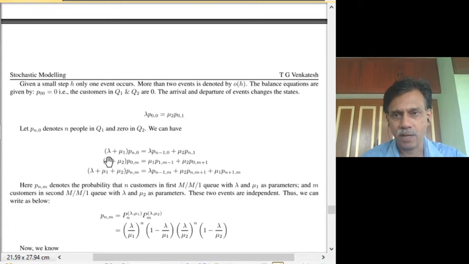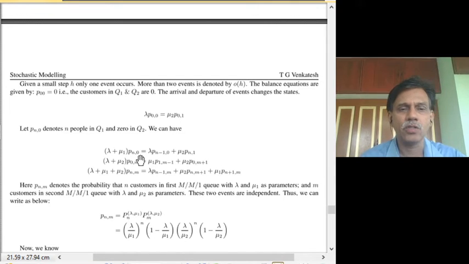When a customer arrives or when there is a service completion in the first queue, we will depart from n0. So lambda into Pn0 is one thing, mu1 into Pn0 is another. So (lambda plus mu1) into Pn0 is the probability with which we will leave n0.